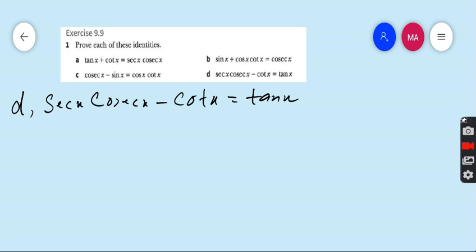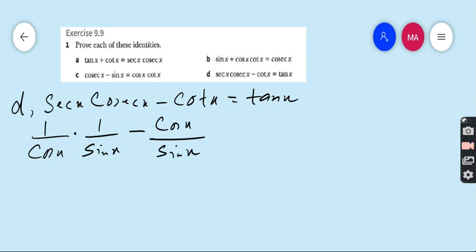Obviously, we have to take left hand side. So sec can be written 1 upon cos x multiplied by cosec can be written 1 upon sin x minus cot x, which is cos x upon sin x.